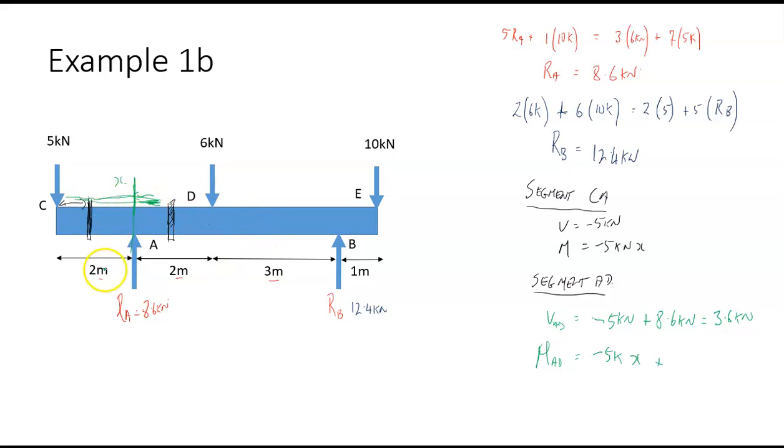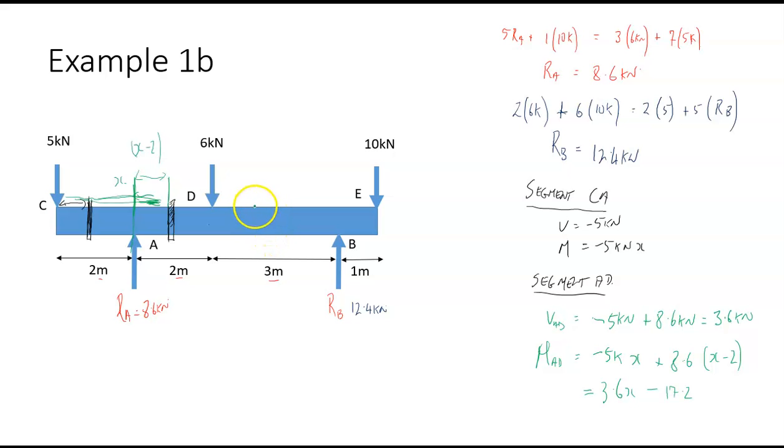If that distance is x and this distance here is 2, then this distance here is x minus 2. So it's minus 5k times x, plus 8.6 times x minus 2. And if we multiply that out, we get minus 3x minus 17.2. So that's the bending moment and shear force there.